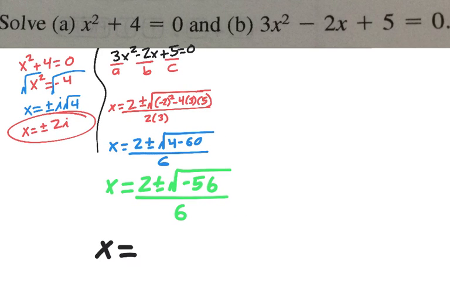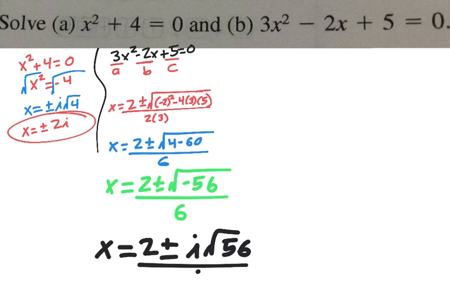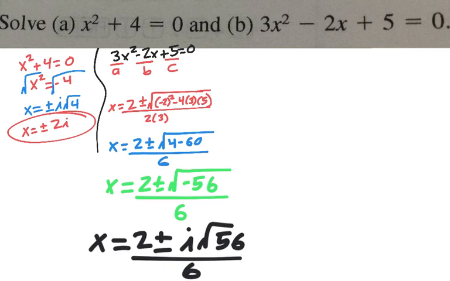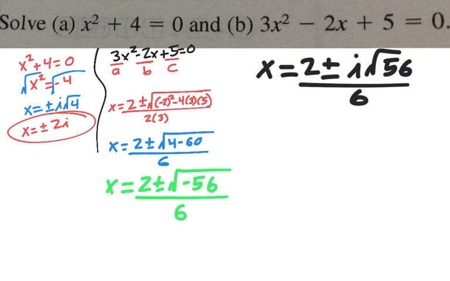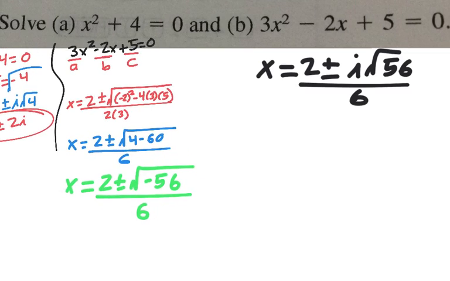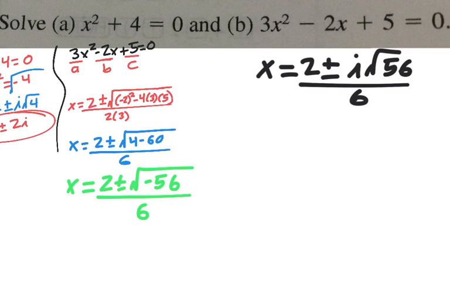Now, negative 56, I'm going to bring out the negative as an i. So again, you can probably combine some of these steps if you want to. I'm just trying to make sure we understand everything that's going on. Now, 56, I have to break that down. So if you have a Casio, you can plug it in.